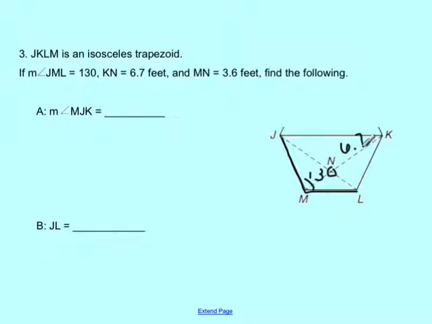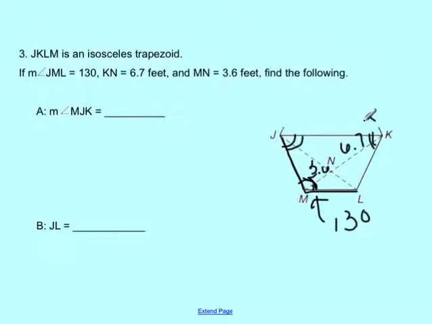And you know what? I am going to write this out here so that I can write in here. So the measure of this angle right here is going to be 130. And then it gives us that MN is 3.6. First it wants us to find the measure of angle MJK. Well, again, these two angles are going to be congruent.